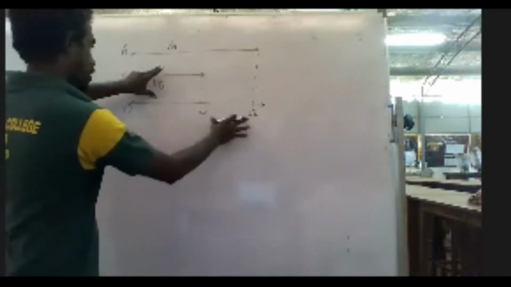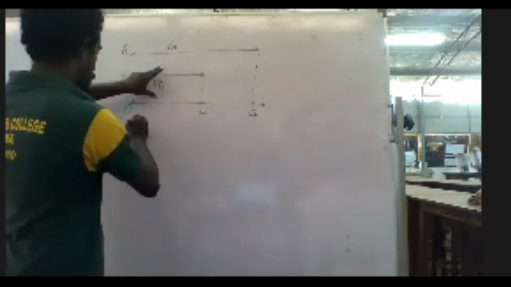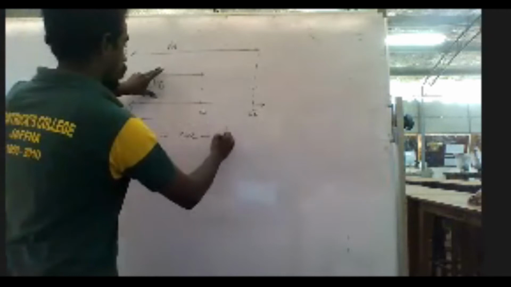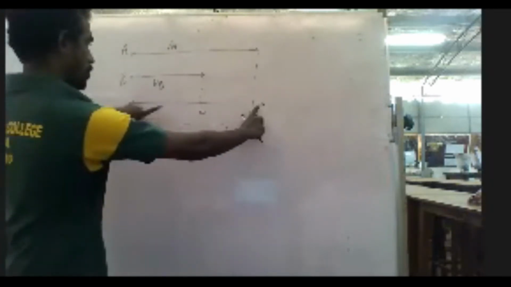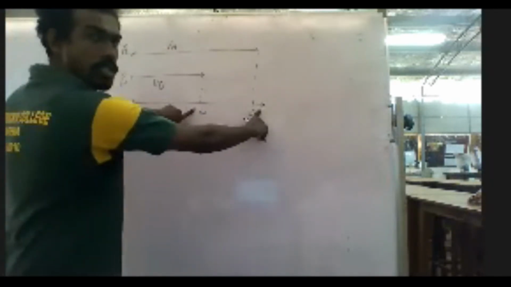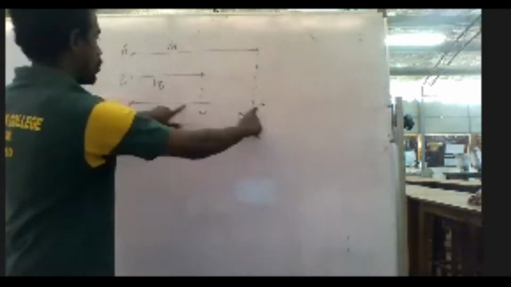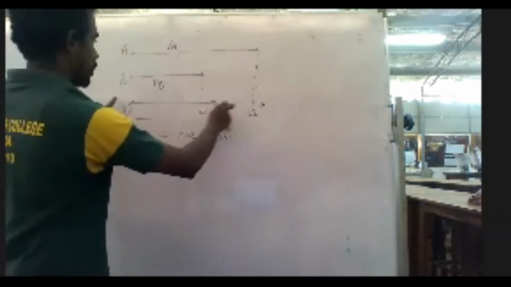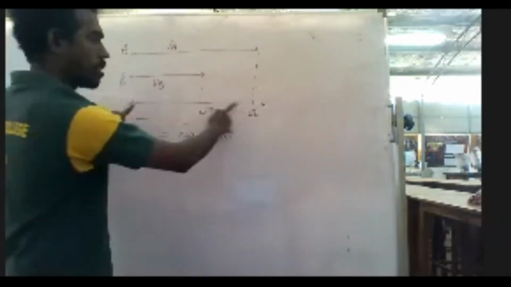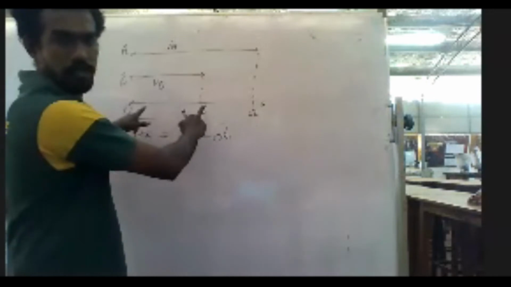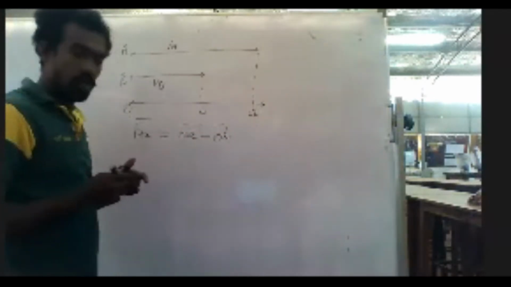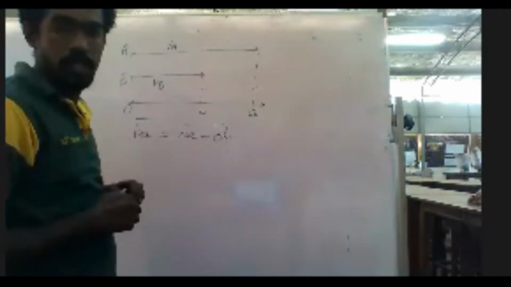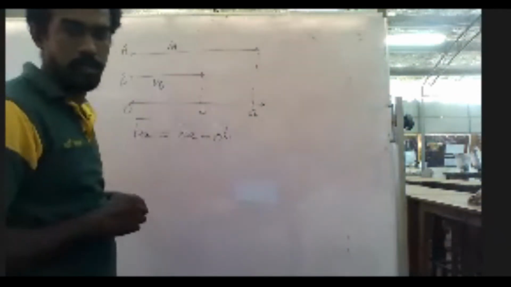So VBA is equal to OA minus OB, right? So this distance is this distance minus this distance. This is how we find the relative velocity of two bodies moving parallel to each other, right?